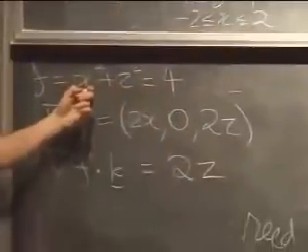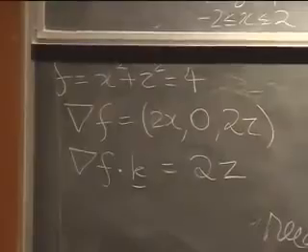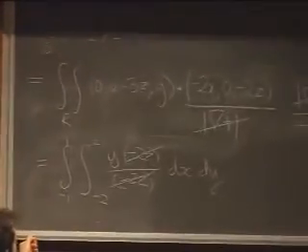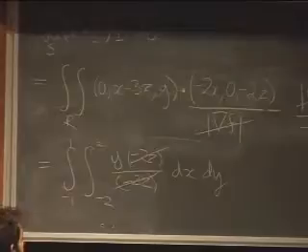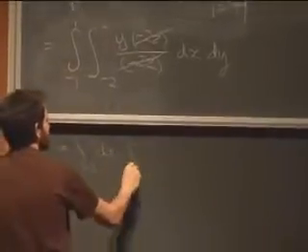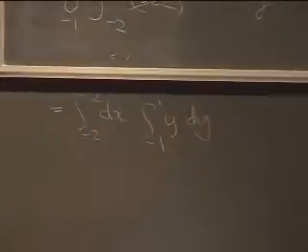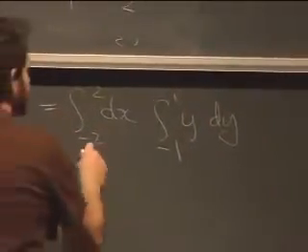So x, the smallest it can be is negative 2, and the biggest it can be is 2. So this integral is just from minus 2 to 2, and minus 1 to 1. It's very easy to do. In fact, it should be just 0, I suspect. We can split it up into a dx integral and a y dy integral, and this has got to be 0. I can tell because y is an odd function, and I'm going from minus 1 to 1. So you will find that this is 0.